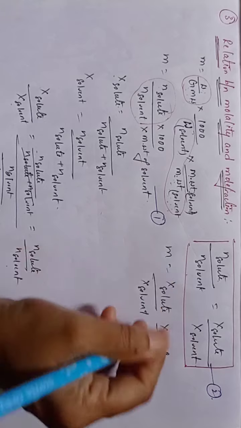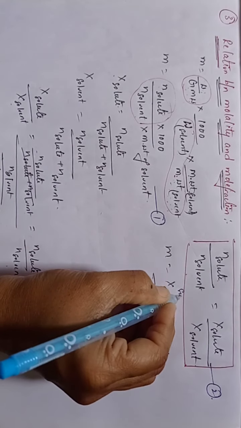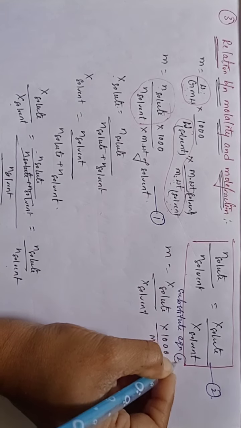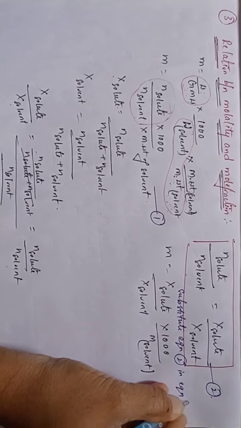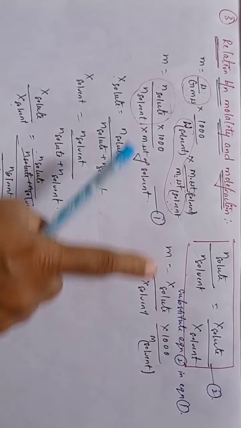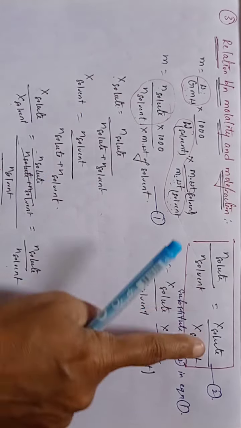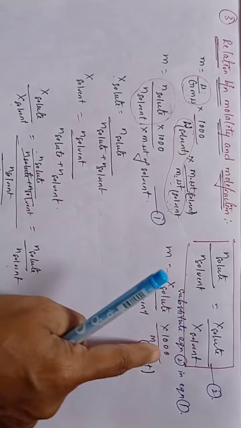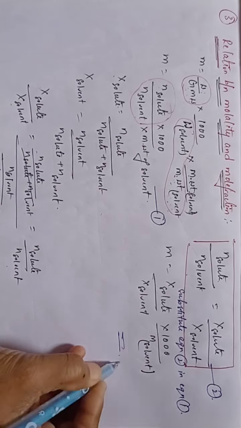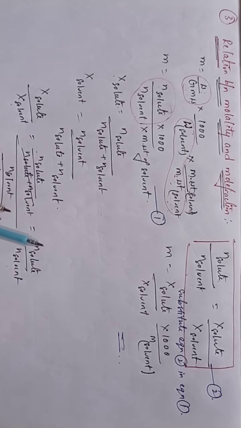That means substitute equation 2 in equation 1. Then you will get molality is equal to the mole fraction of solute by solvent into 1000 by molecular weight of the solvent. Clear this, students? This is about the relations between the concentrations.